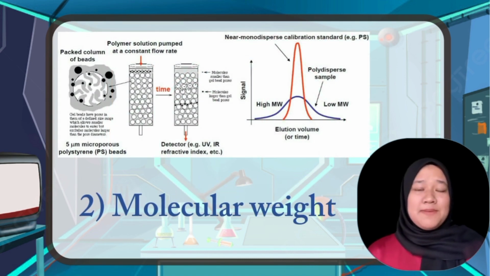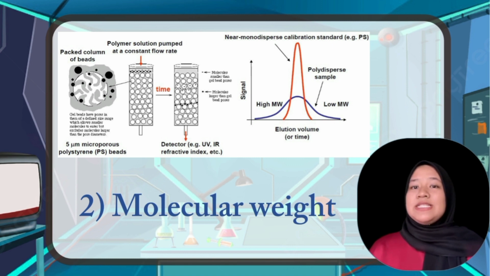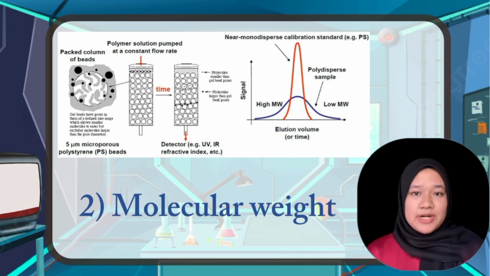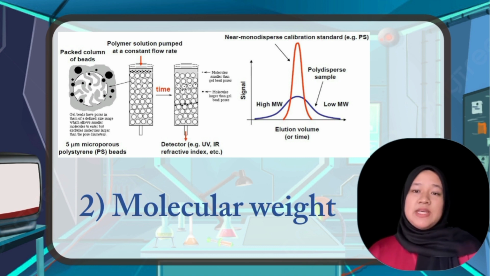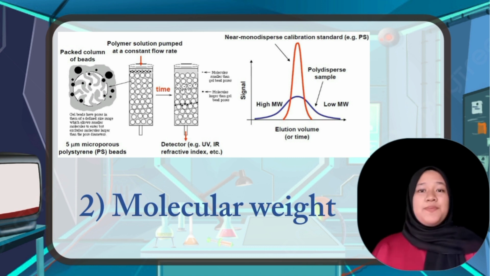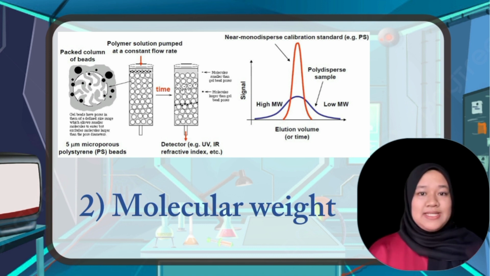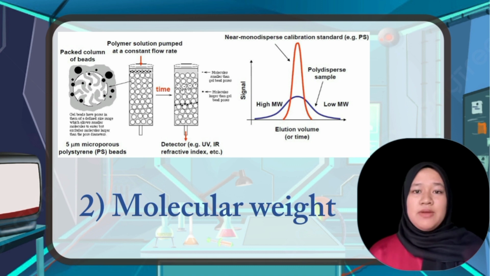Next, another main application of size exclusion chromatography is characterizing polymers by determining their molecular weight. Size exclusion chromatography helps determine the molecular weights of polymers. It works by separating polymers based on their size, with smaller ones taking longer to come out of the column and the larger ones eluting earlier.